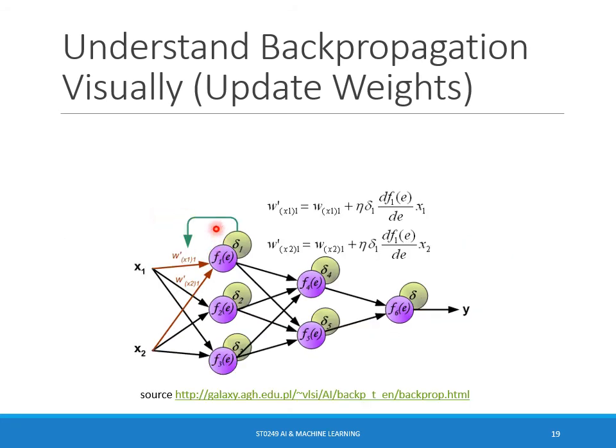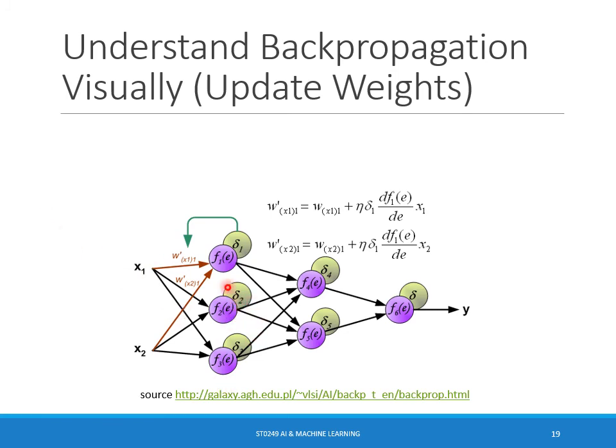Then we come to the first hidden layer, and we update all the weights attached to the neurons in the first hidden layer, like these ones here. Again, using the same formula, this weight is the previous weight plus eta, the learning rate, multiplied by the error back propagated to this neuron, and the slope at this neuron, multiplied by the input value itself.